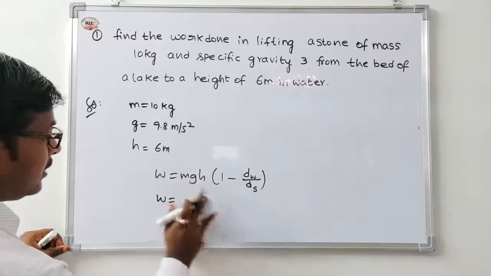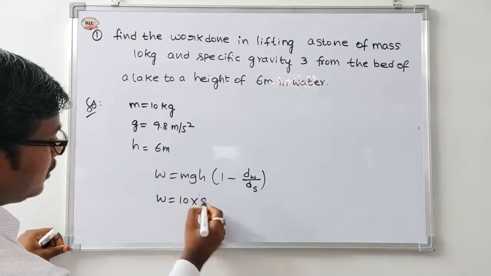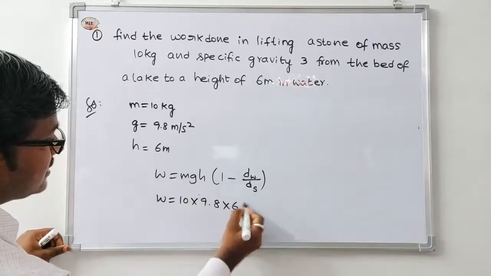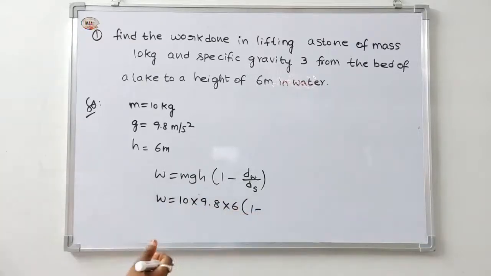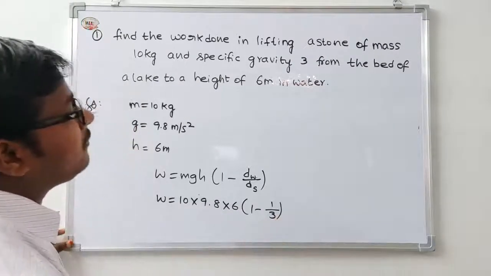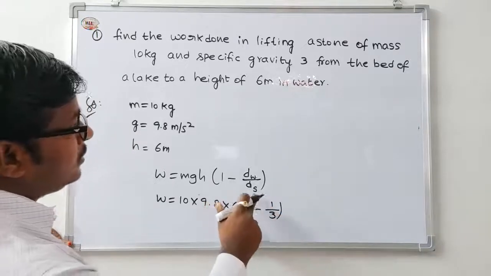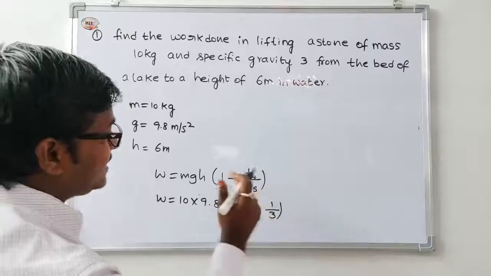Now substitute the above values: 10 into 9.8 into 6 into 1 minus 1 by 3. The density of water is 1, the specific gravity of the stone is 3.